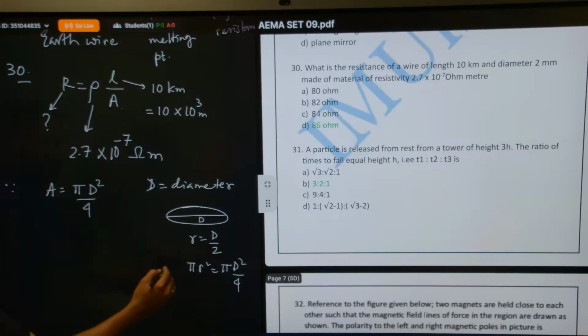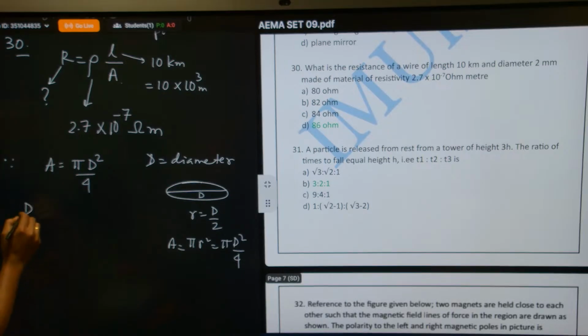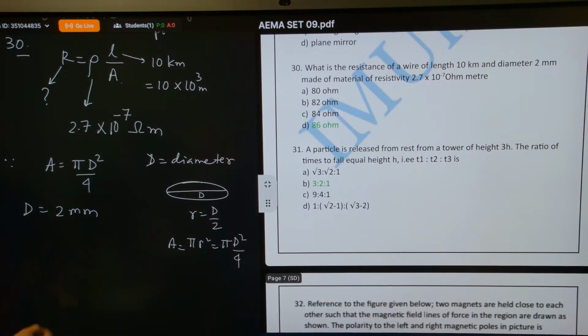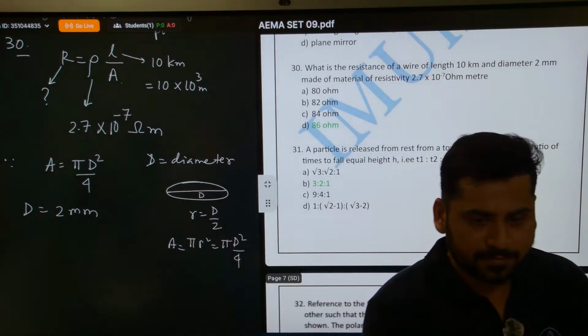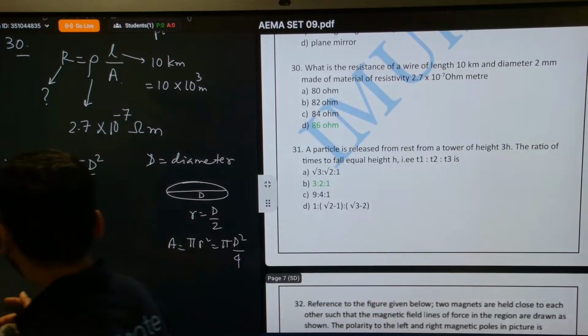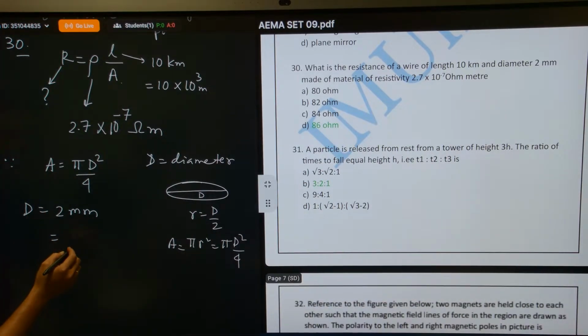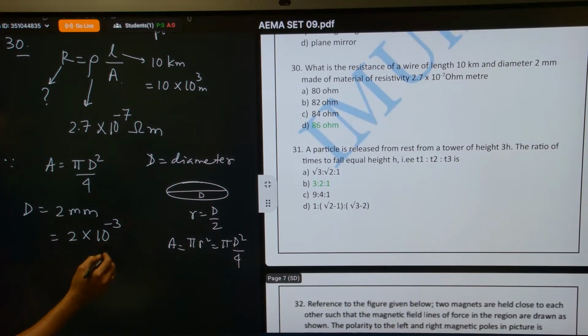You can use the formula directly. Now the diameter is given as 2 millimeter. So let's put d as 2 millimeter. Now how much meter is it? 2 divided by 1000. 2 into 10 to the power minus 3 meter. Very good. So what will be the area?